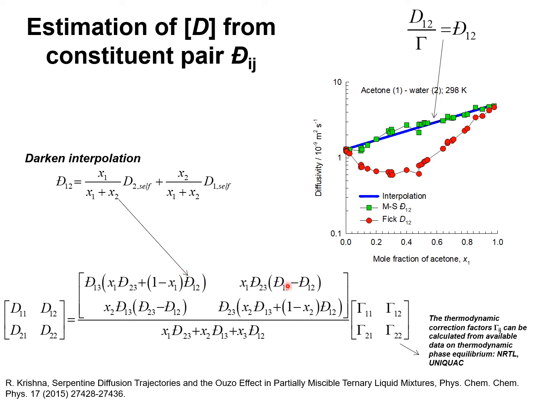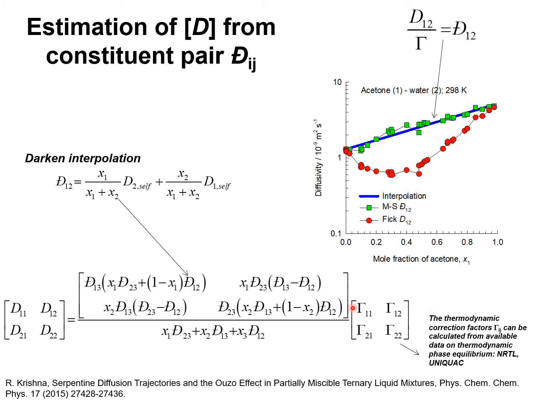Similarly, D13 can be estimated from experimental data on diffusivities in the binary mixture 1 and 3 and from the binary mixture of 2 and 3. So this matrix can be estimated from the constituent binary pairs.